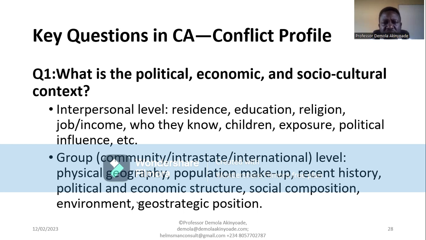Okay, can you hear me, please? Yes, good afternoon, Mr. Biodun. Yes, from my own view, I think it has to do with their own interest, party interest.